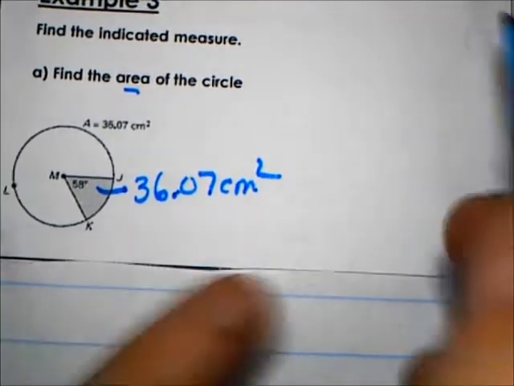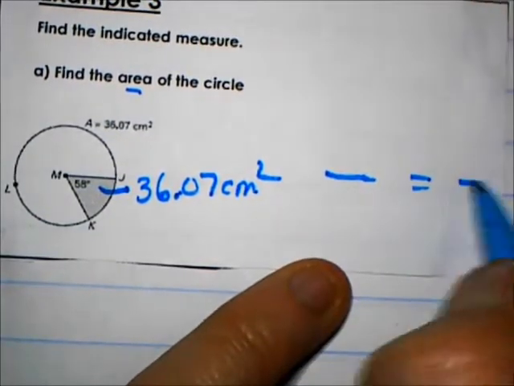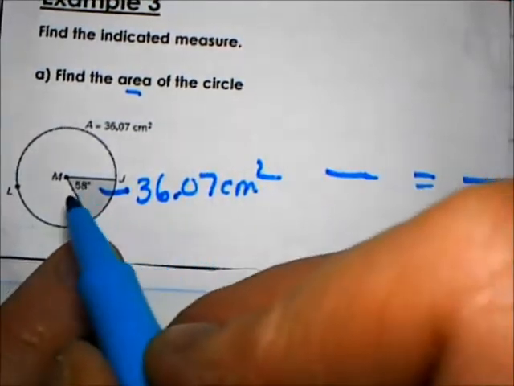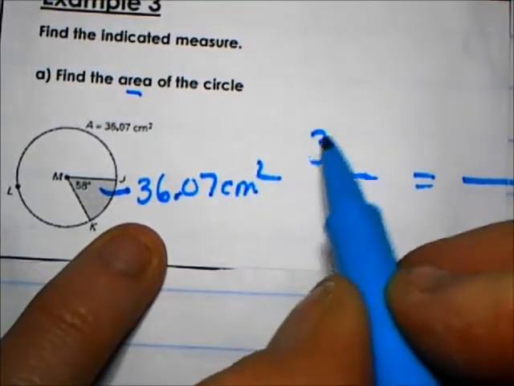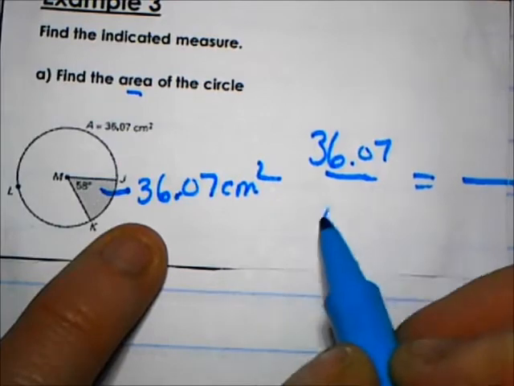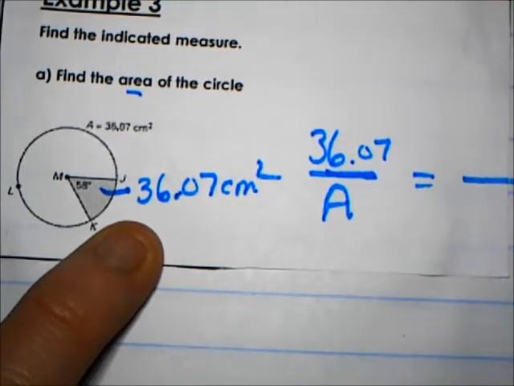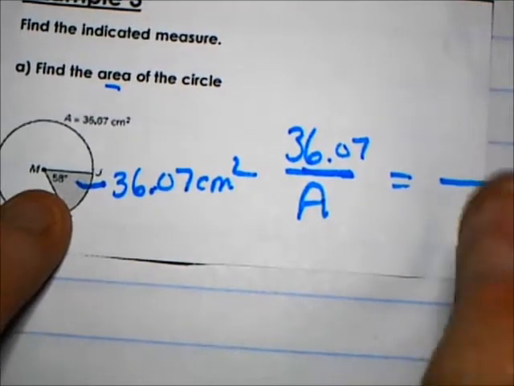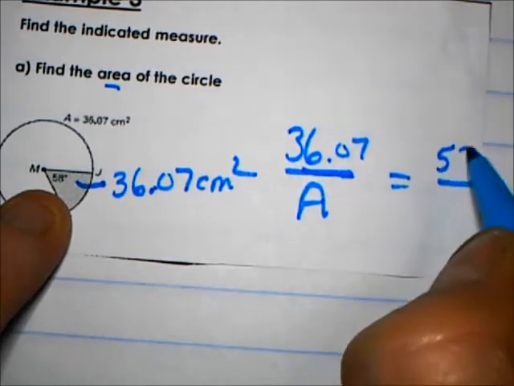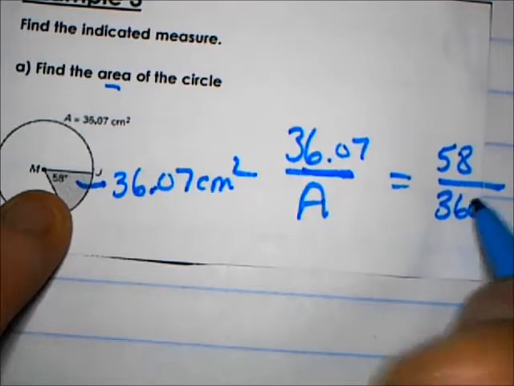To set up my proportion, I'm going to have the area of the sector, which is 36.07, over the area of my circle, so I'm just going to put an A there, is equal to the degree measure of that sector, which is 58, over the entire circle, that is 360.